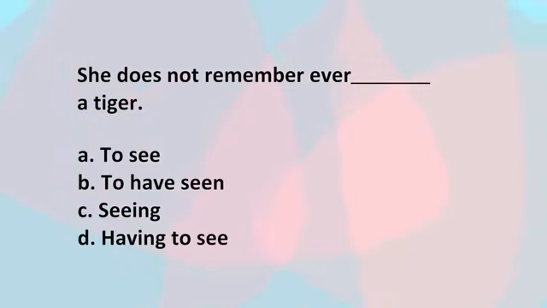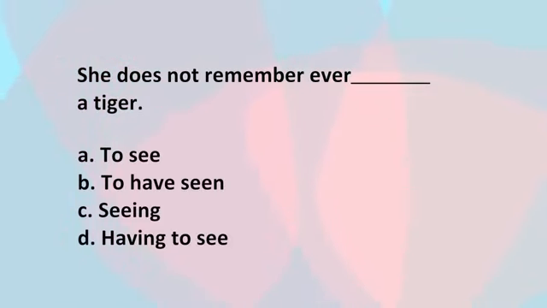That's not correct in that context. She does not remember ever to have seen a tiger. That is not correct in that context. She does not remember ever seeing a tiger. She does not remember having to see a tiger. The correct answer there is seen.